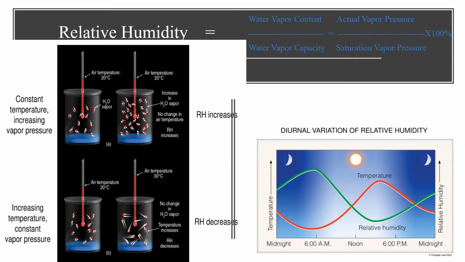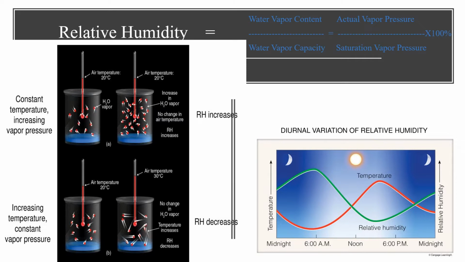So what is relative humidity? It is the most commonly used measure for describing atmospheric moisture. In our weather app, when we see the humidity, it is actually telling us the relative humidity. It is also, unfortunately, the most misunderstood.